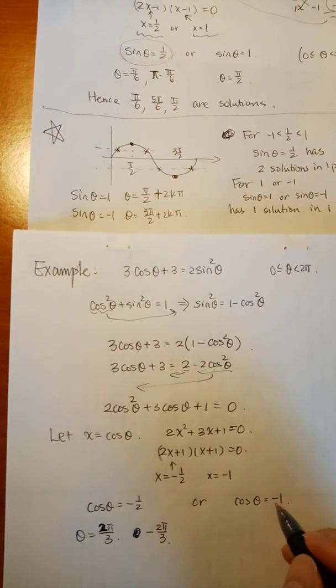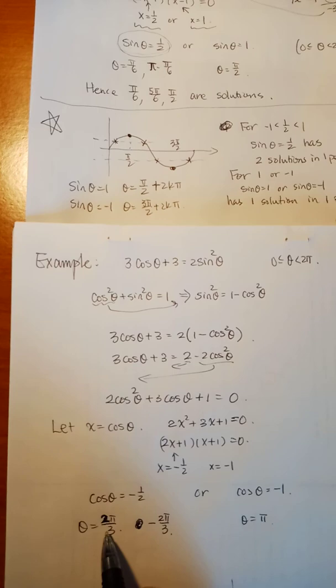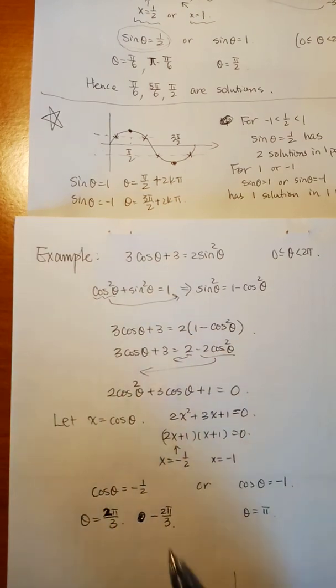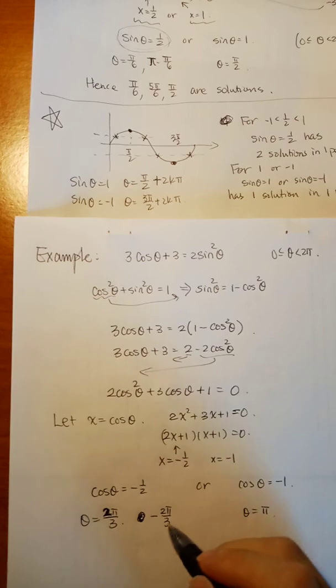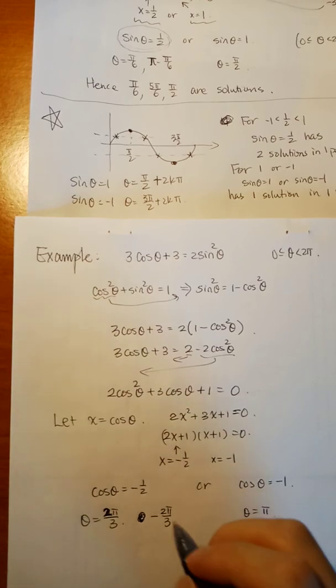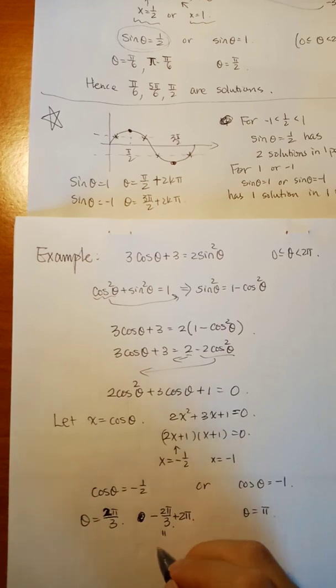And here you get cosine, check here. This corresponds to pi. Theta is pi. And remember that whenever you have an angle, you put a negative sign, it will be the other solution. The problem is that theta is between 0 and 2 pi. This is not in the 0 to 2 pi, so you're going to add 2 pi. You add 2 pi, it is equal to 4 pi over 3.